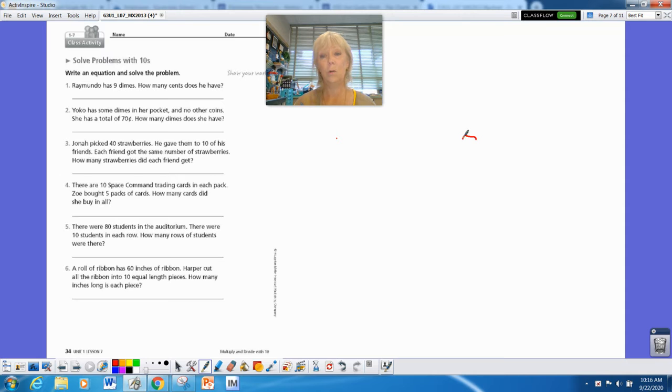So we can write it this way. We're going to backtrack because that's the total. That's our whole total. And we know that there were 10 students in each row times, and in this case, I'm going to write the letter N. N times 10 equals 80.